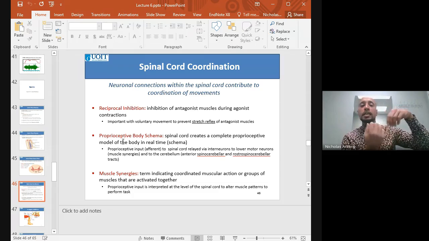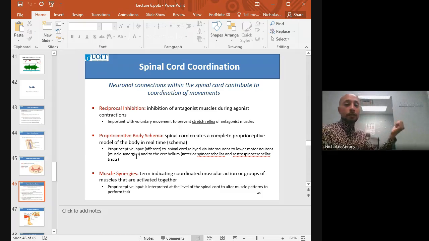So what we say is that the spinal cord has a proprioceptive body schema for any given muscle in real time. This is an example that I always do in class, but obviously we're not in class. What I would do is get someone to come in and hold my arm.